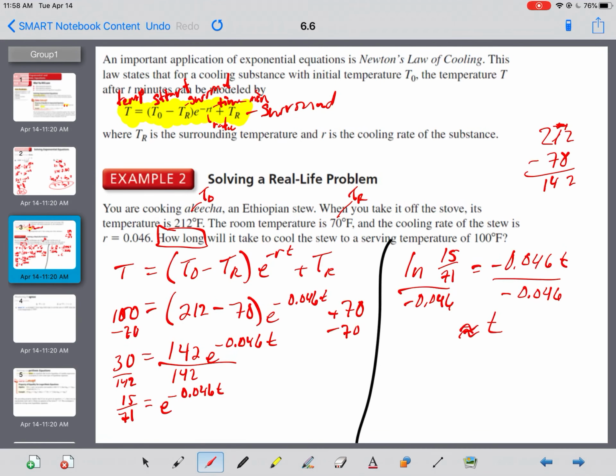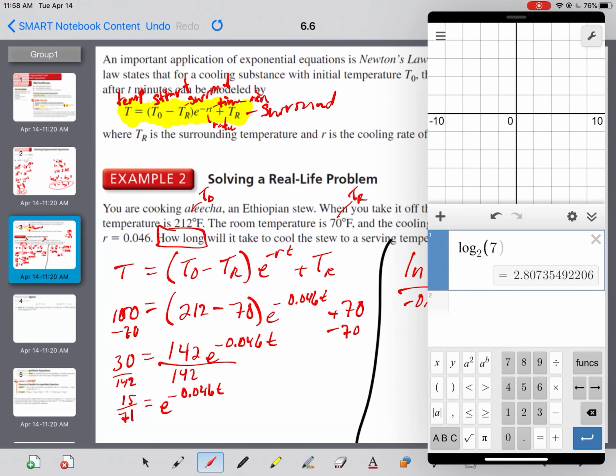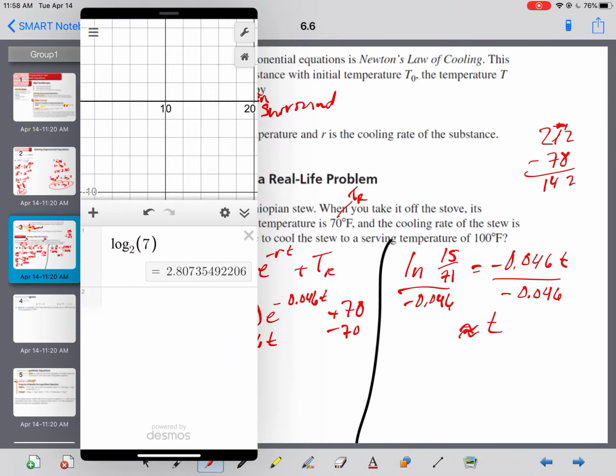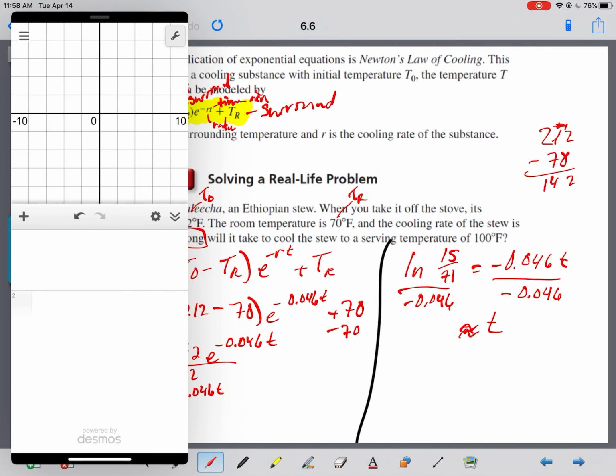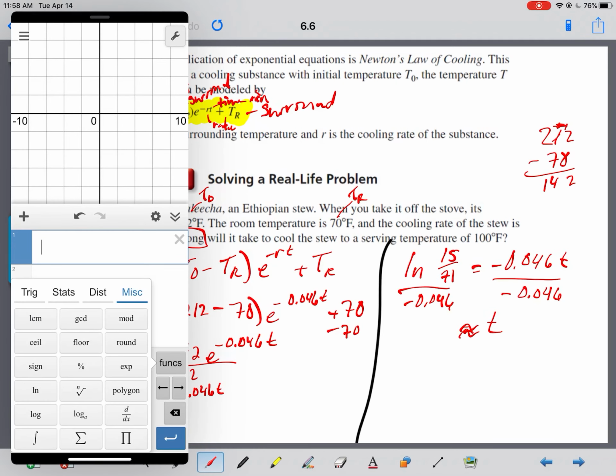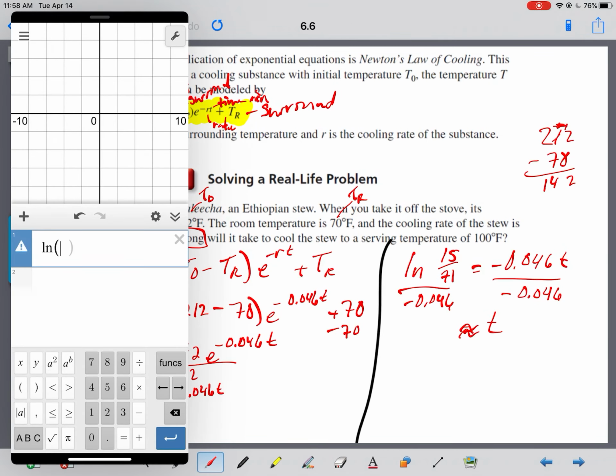Divide by negative 0.046, and t is approximately ln of 15 divided by 71, divided by negative 0.046.